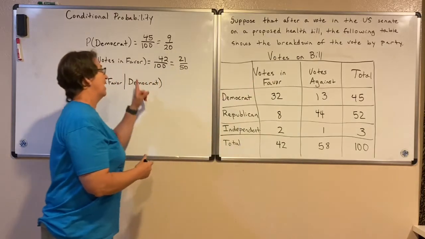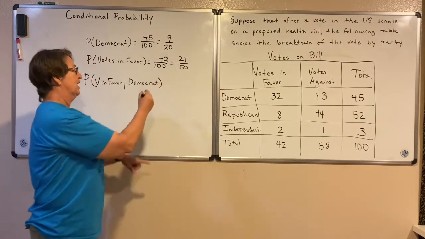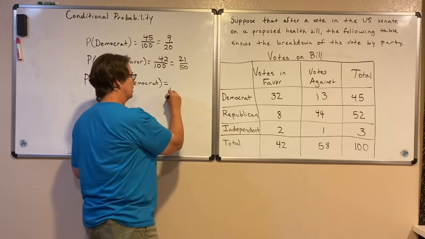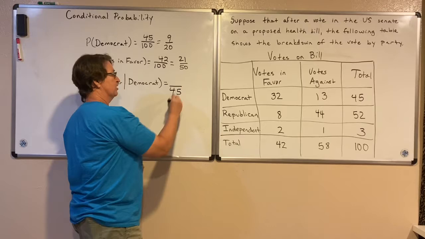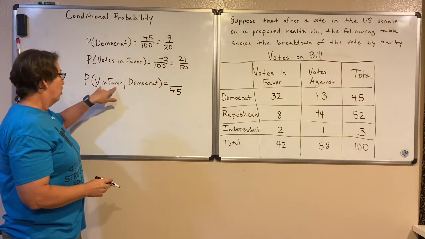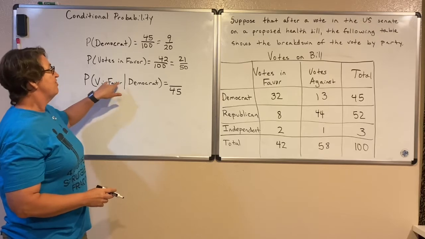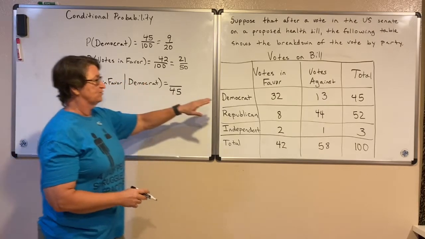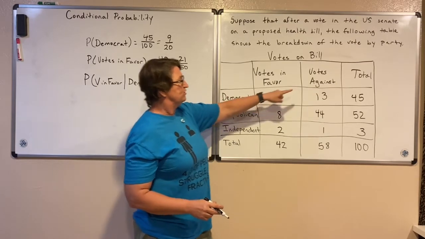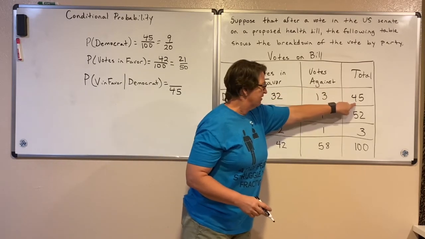Instead of looking at out of the whole 100, I'm now only looking at those Democrats. I'm only looking at the 45. So my probability now is the ones in favor that are also Democrats. So I'm only looking at these Democrats. So it's a total of 45.